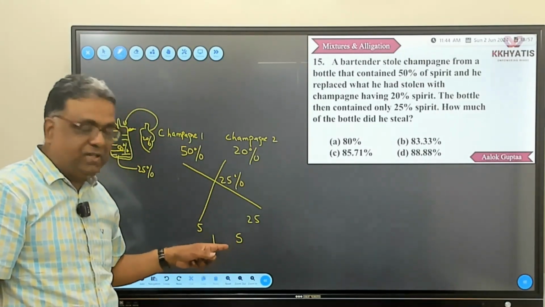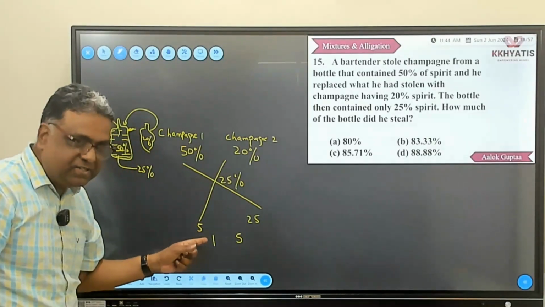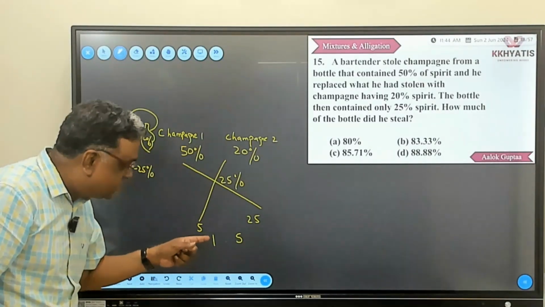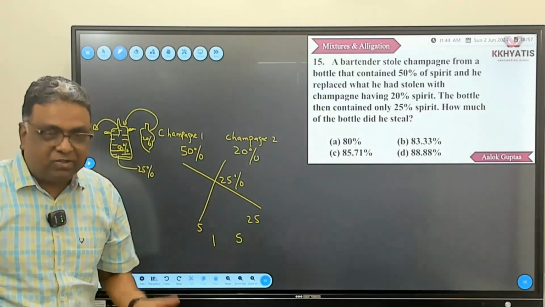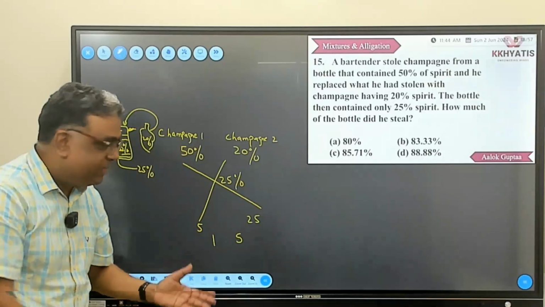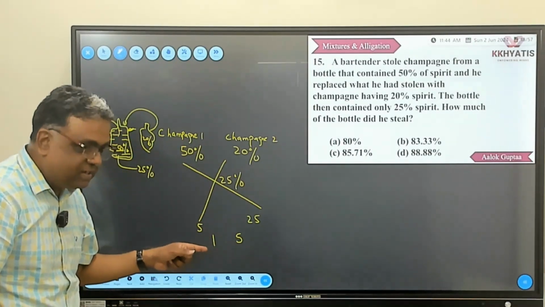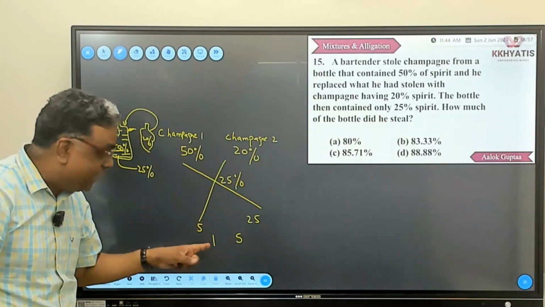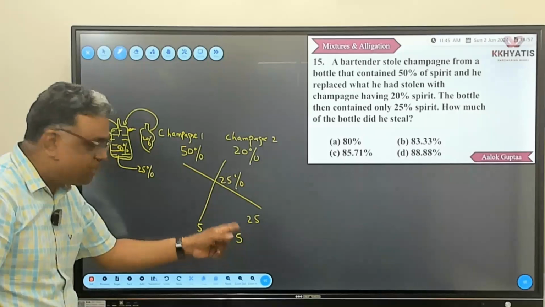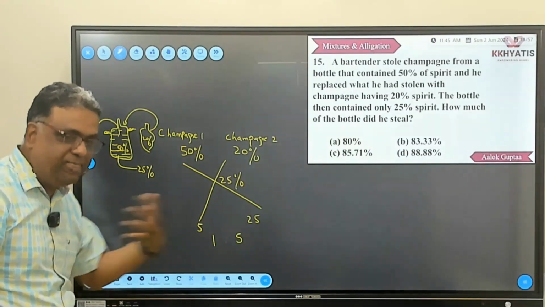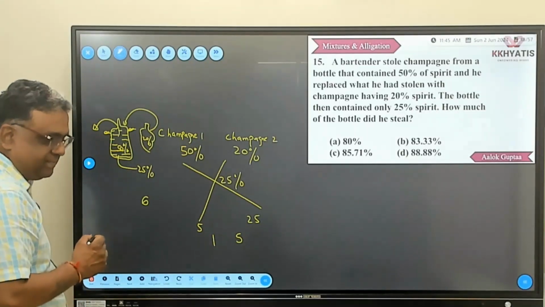So how much was replaced? 5. Which means if 5 was replaced from this original bottle, 5 must have been removed because an equal quantity was replaced. Since this part is just 1, and 5 was replaced, the original would have been 6.